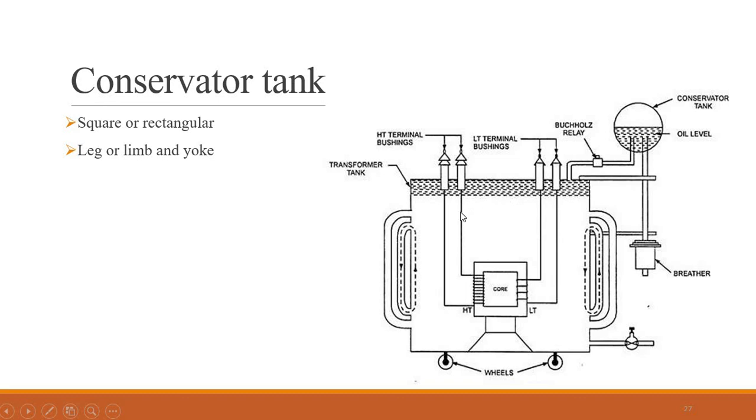So when the oil inside the transformer expands because of higher temperature, it will transfer to the conservator tank. And in winter season or rainy season, the oil will contract. Then at that time the oil will get transferred from this conservator tank to the main tank. So always this main tank will be completely filled with oil.